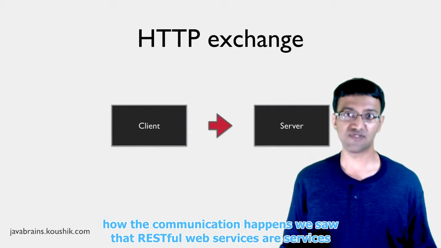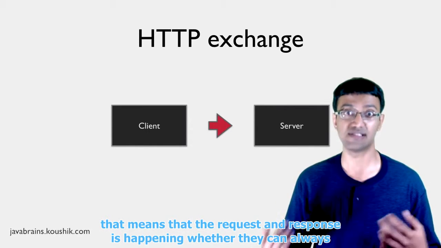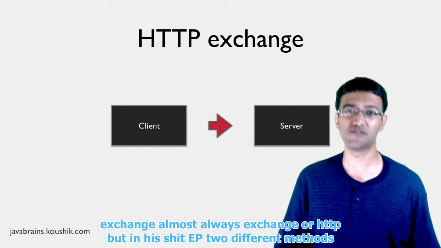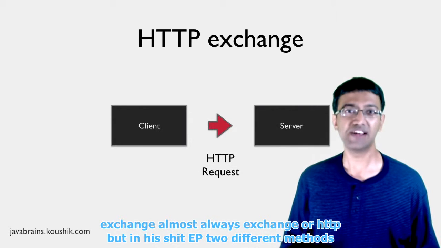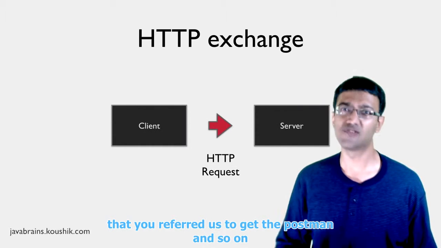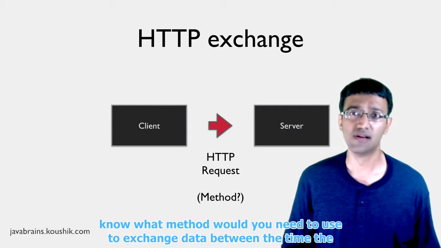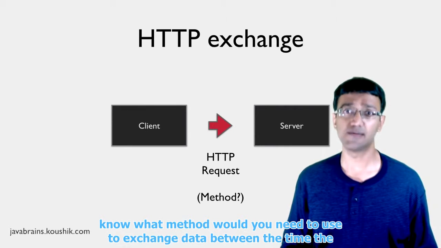We saw that RESTful web services are web services. That means that the request and the response is happening over the web, right? They're almost always exchanged over HTTP. But in HTTP, there are different methods that are available. You would have heard of the GET method, the POST method, the PUT method, and so on. Now, what methods would you need to use to exchange data between the client and the server?